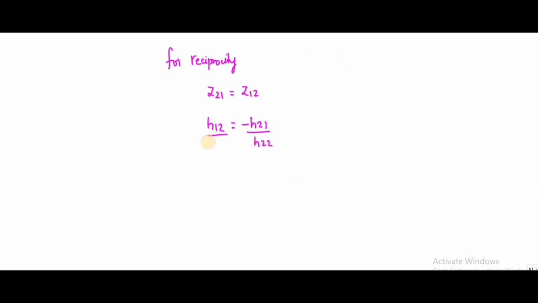So here H12 is equal to minus H21. This is the condition for reciprocity for the H parameter. So here I have represented the Z parameter in terms of H parameter, right?